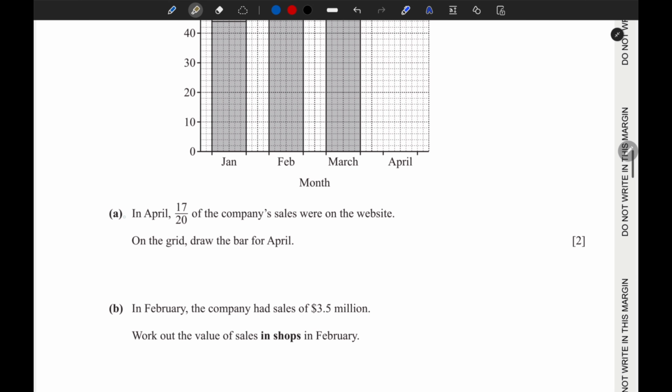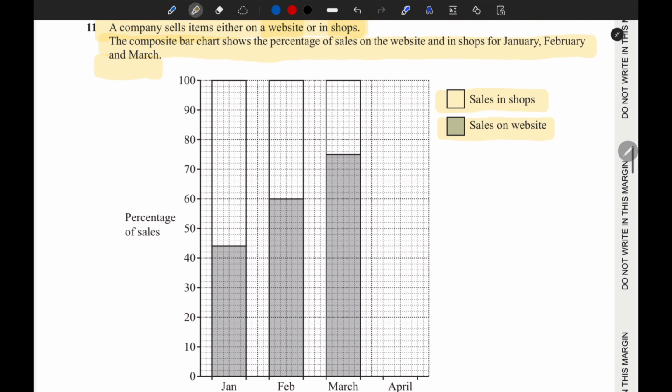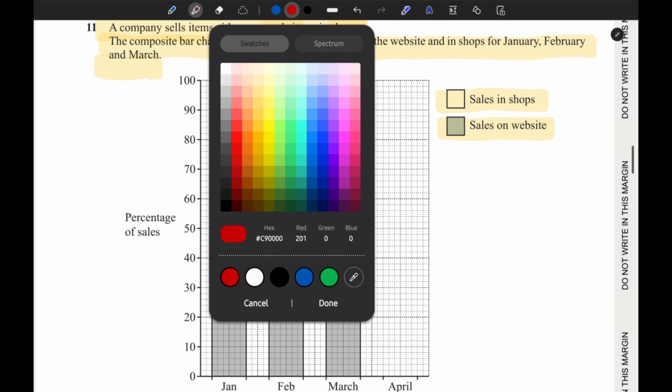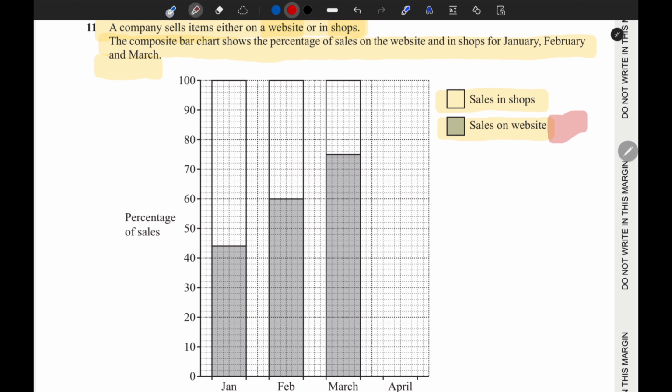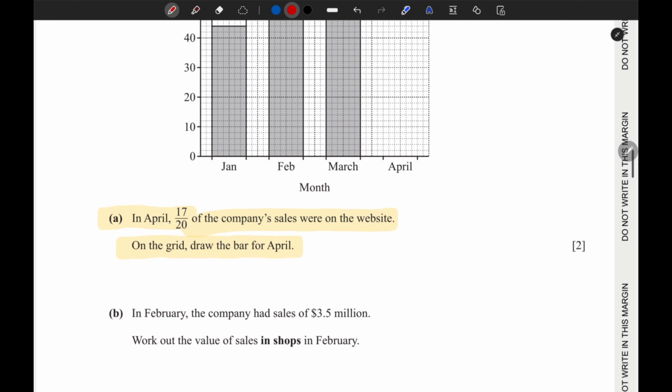Part A. In April, 17 by 20 of the company's sales were on website. On the grid, draw the bar for April. Website means the shaded one. First of all, we have to find the percentage, which we can find by 17 by 20 times 100.